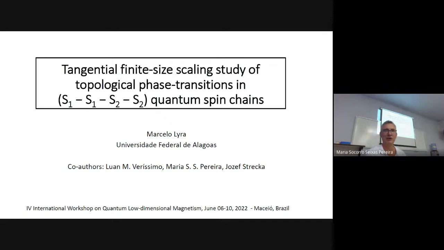We are calling the proper approach for this kind of special quantum critical points the tangential finite-size scaling. I hope you can see how it slightly differs from the usual finite-size scaling analysis that's done in more usual critical points.